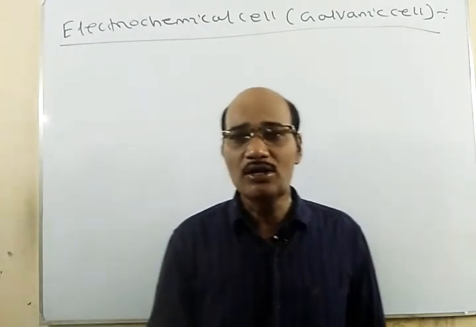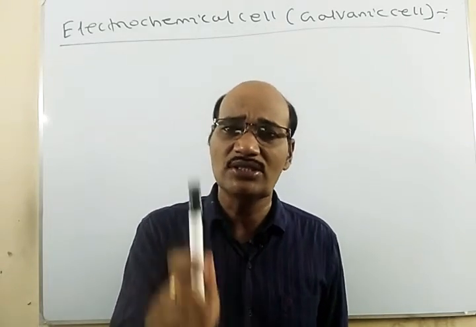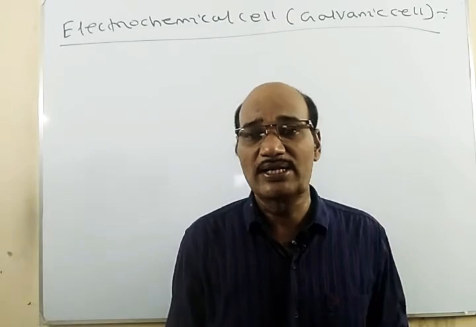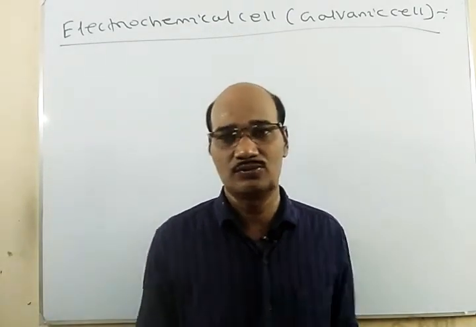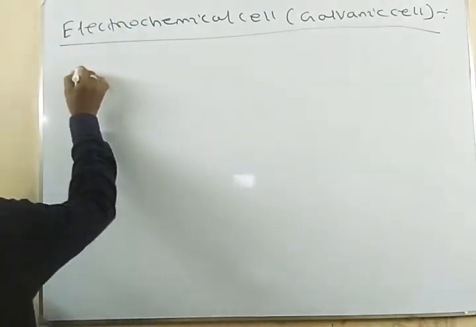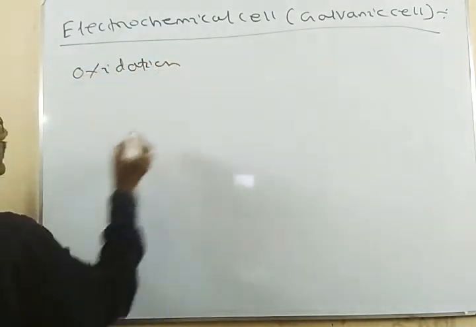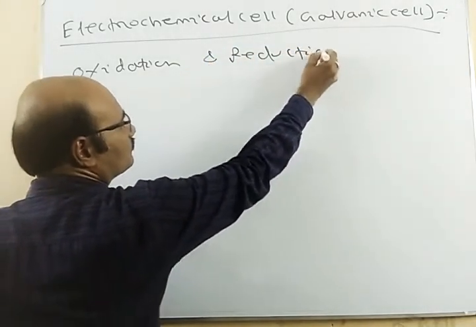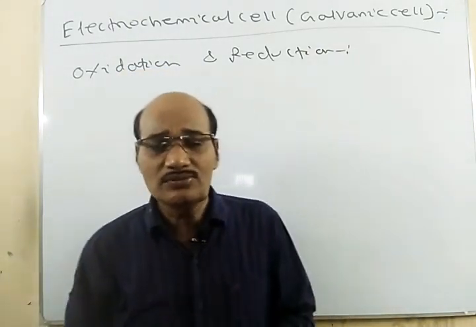Okay, and here the most important thing is the indirect oxidation and reduction reaction. So before that, first of all we will discuss what is oxidation and reduction. Let us see oxidation and reduction. What is oxidation?